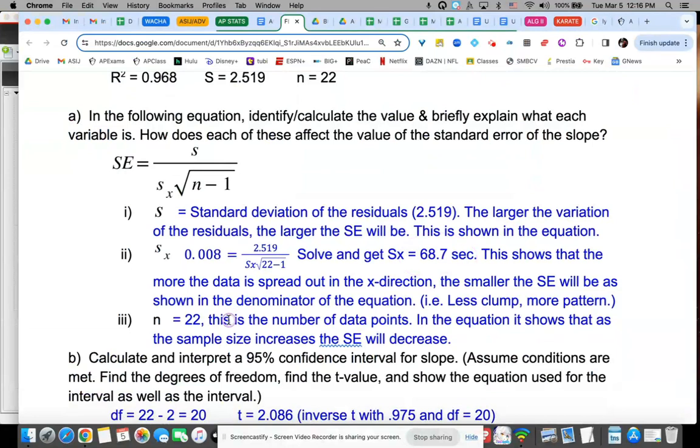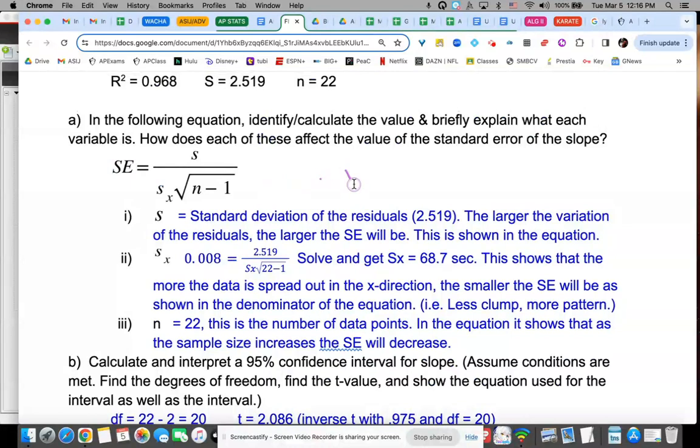All right, so then the last piece of this is N. Now you can see N's on the bottom, on the denominator. So the equation is saying that as N gets larger, I'm going to have less error. Hopefully that makes sense to you. The more data points you have, let me do a quick little thing.